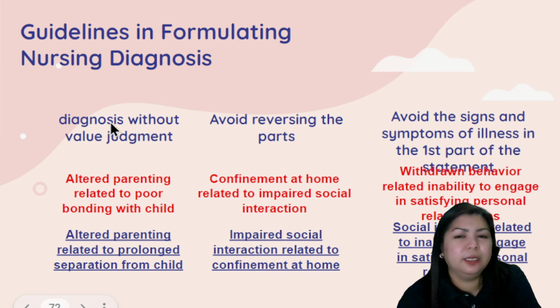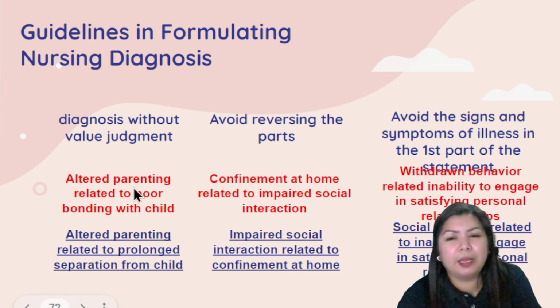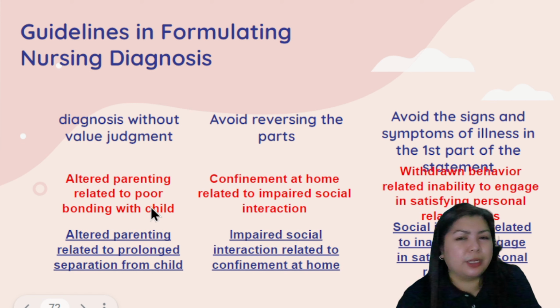Next, we proceed. Diagnosis without value judgment. So do not do this. Example, altered parenting related to poor bonding with the child. So it's like blaming the parent for not having a proper parent-child relationship. Instead, altered parenting related to prolonged separation from a child is a better way of writing it. Okay. Avoid reversing the parts.